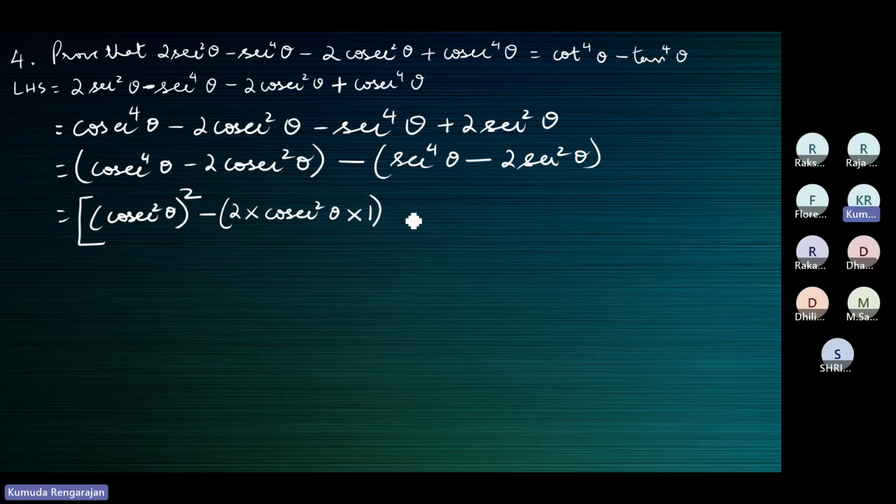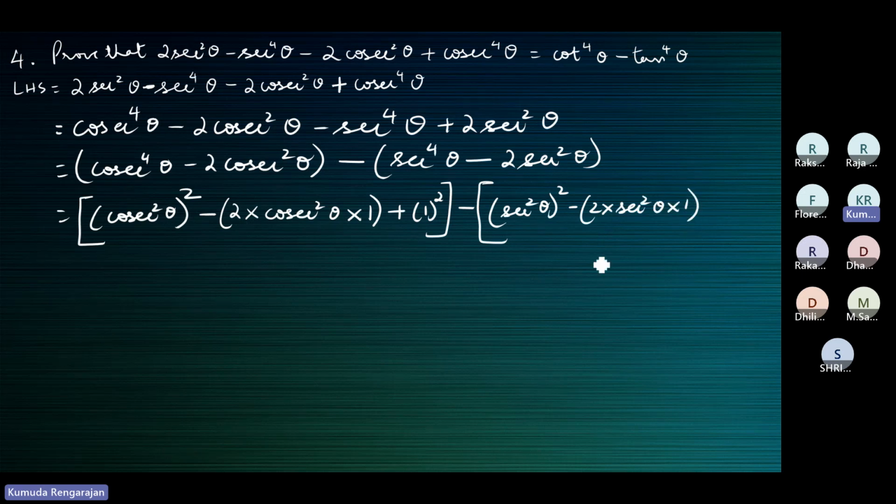So accordingly, the B square term should be 1 square. Similarly, minus secant theta to the power 4 is the A square term, minus 2 into A into B, where A is secant square theta and B is 1. That is A square minus 2 into secant square theta into 1, that is the 2AB term, plus B square.